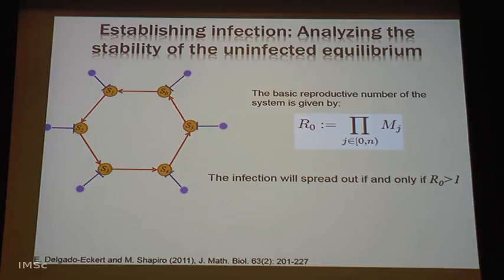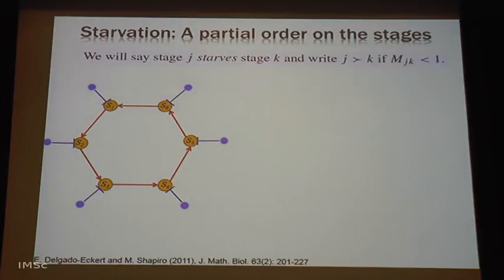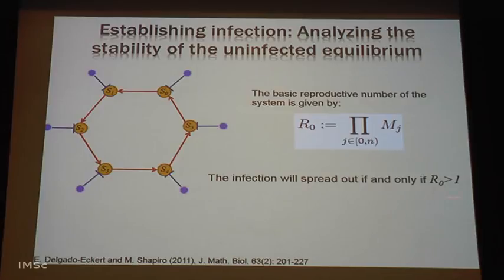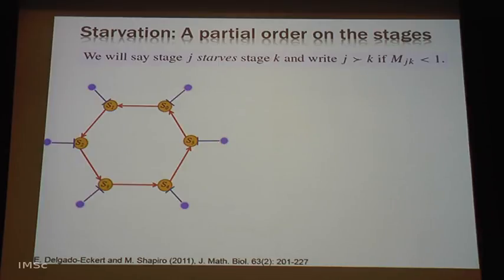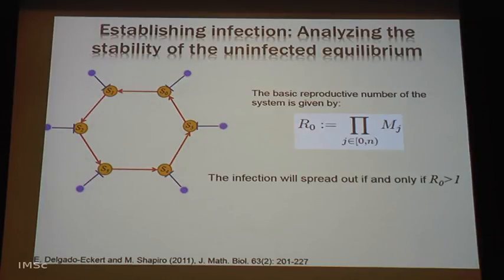And within this formalism, you can come up with this magnitude, which will tell you that the infection will spread out if and only if this R0 is bigger than 1. And so what is important, I will tell you in a second what these magnitudes are.